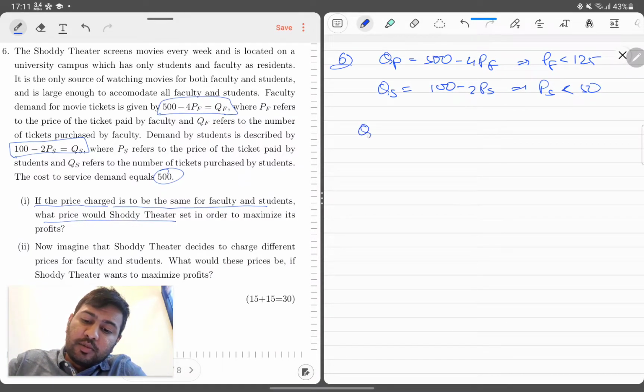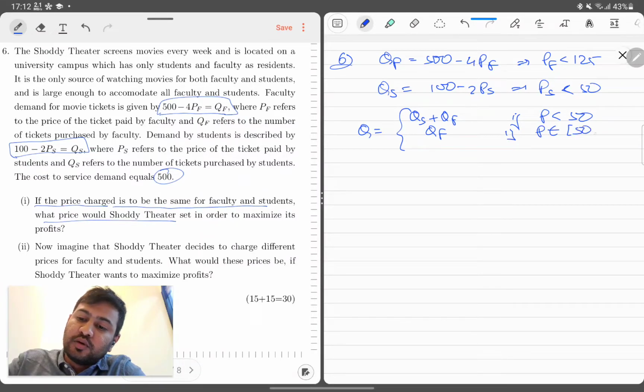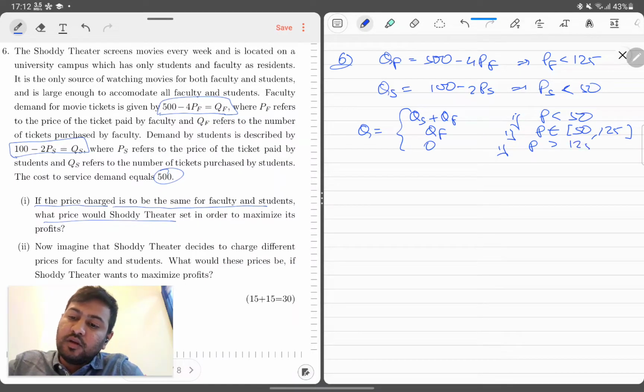So total quantity Q will be equal to the sum of these two quantities, QS plus QF. If price is less than 50, it will be equal to QS plus QF; if price belongs to 50 to 125, it will be equal to just QF; and it will be equal to 0 if price is greater than 125.